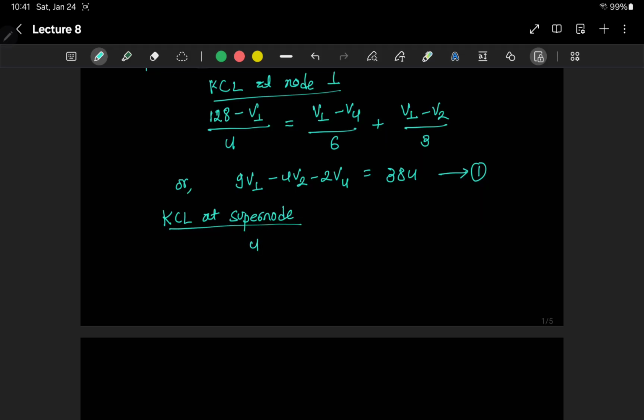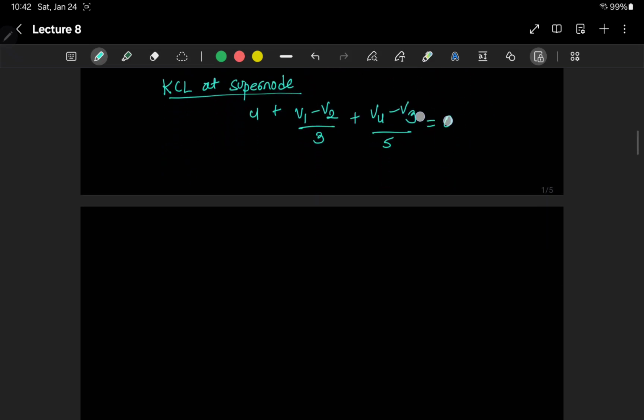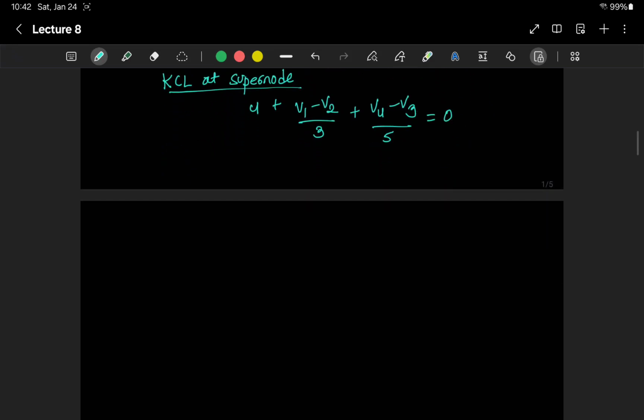So 4 ampere coming from the top constant current source, and then we have V1 minus V2 divided by this 3 ohm resistor, that is the current flowing through the 3 ohm resistor, and then V4 minus V3 divided by 5 is equal to 0, because everything is going towards the supernode. So let's simplify this and write a simple equation.